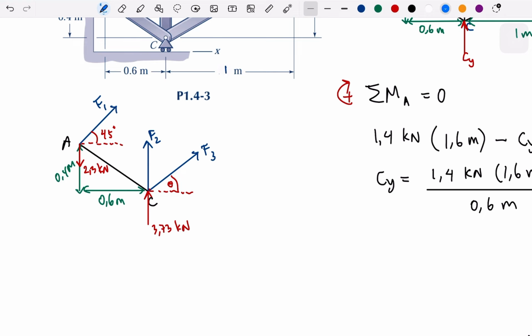So first is to get the F1, we can take C as reference for the moment, right? So we can take this, and then we can take C as a moment.